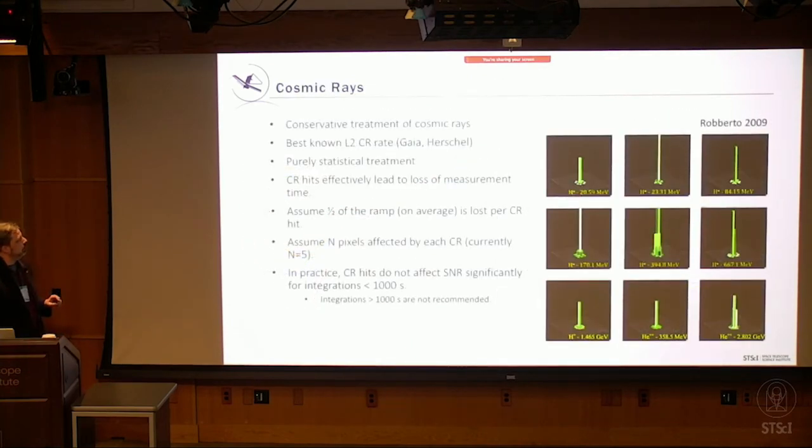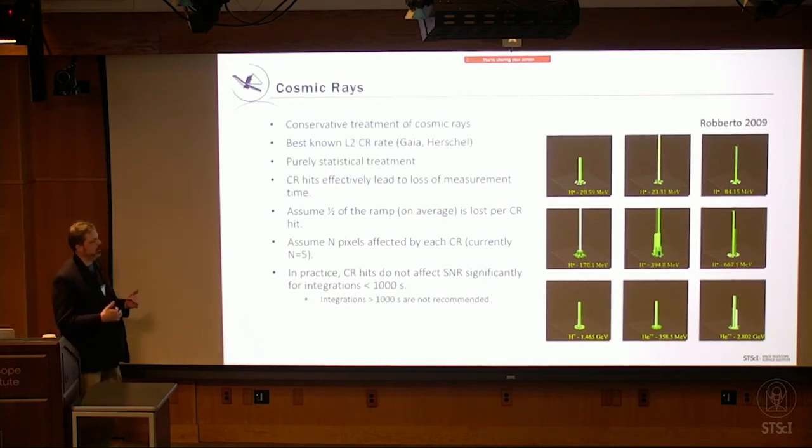All right, cosmic rays are taken into account in the ETC, but in a very statistical way. So we don't calculate individual hits, but we calculate what the rate is. And then given the rate, we'll know how many pixels are affected. And then basically what we do is we subtract some of the exposure time based on how many pixels are affected.